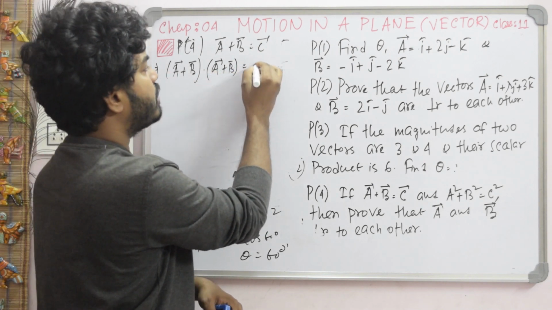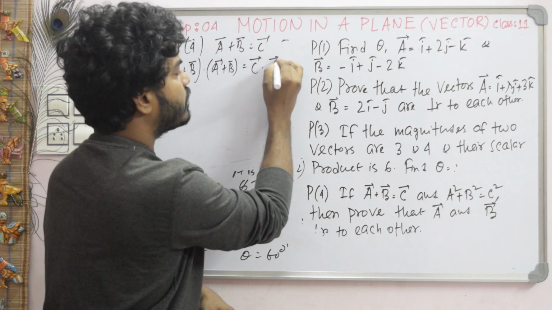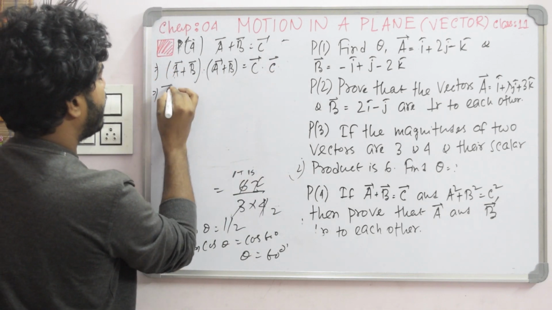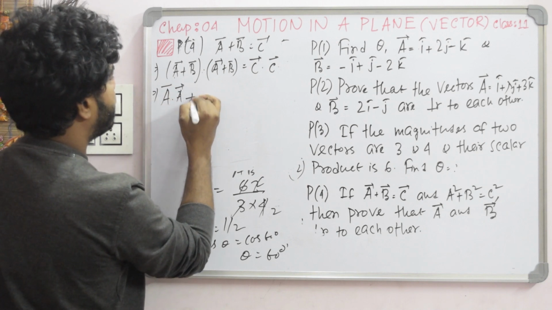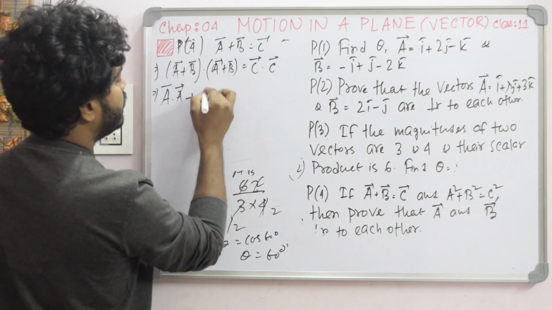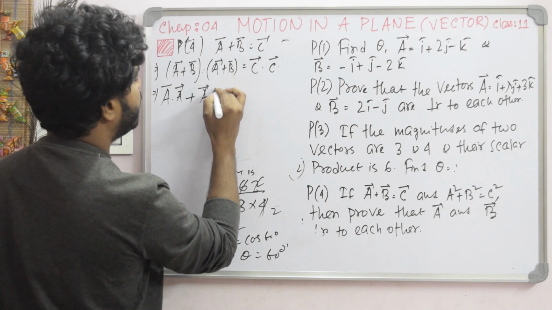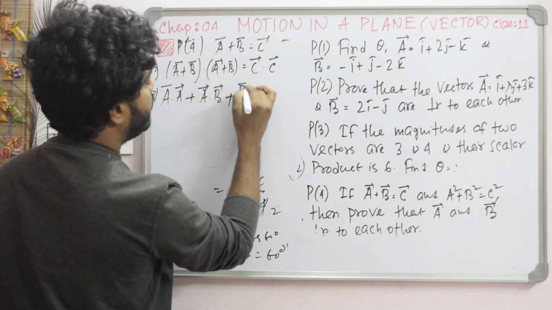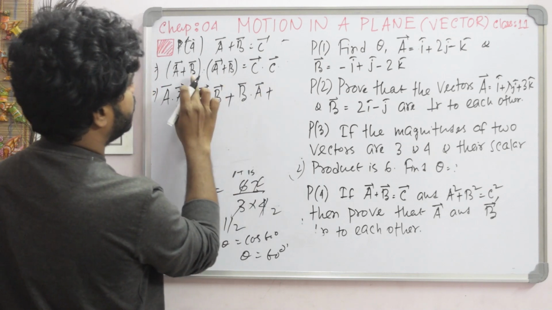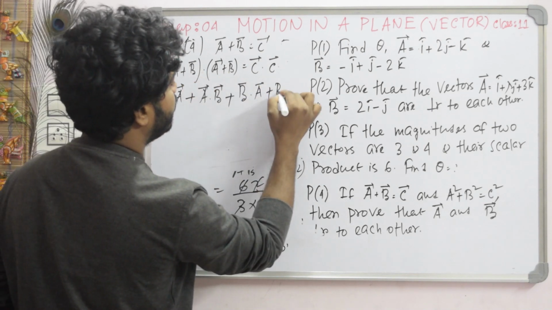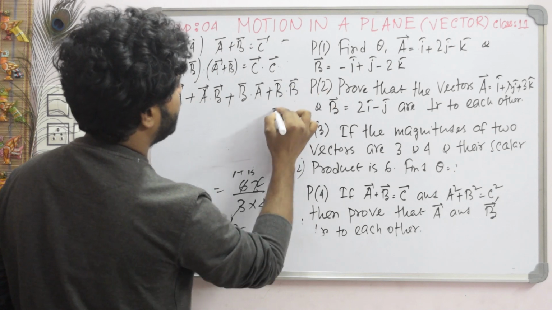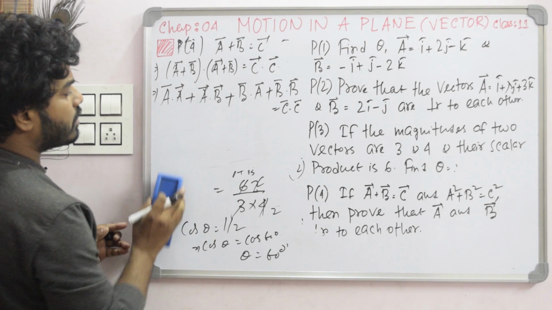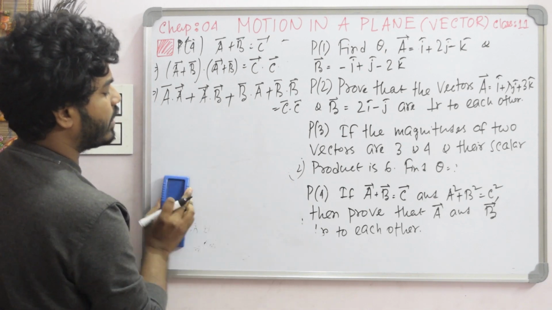So this will obviously be C dot C. Now simplify: A dot A, plus A dot B, plus B dot A, plus B dot B, and on the right side C dot C. Now apply the properties of vectors.